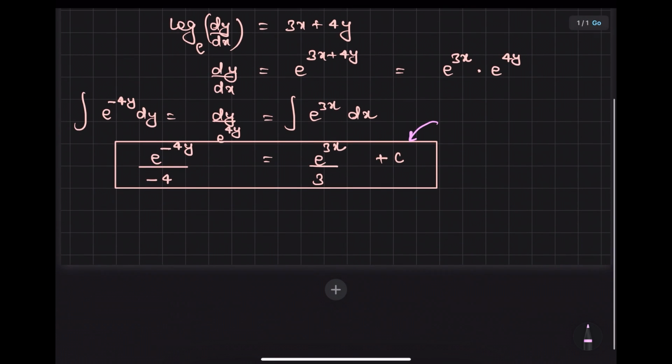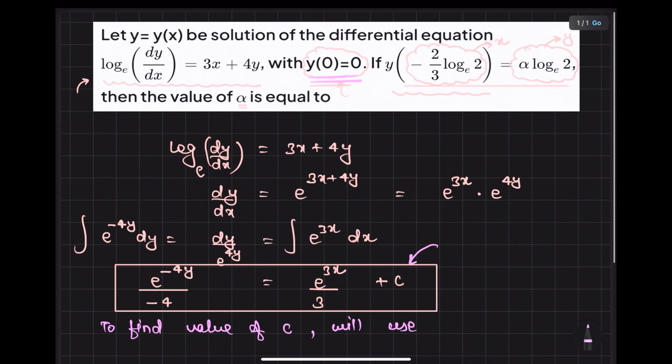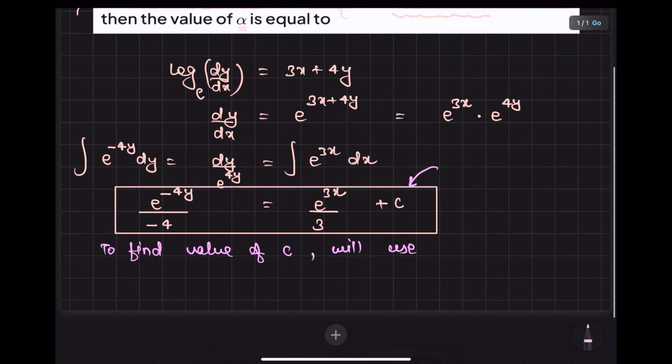Now, to find the value of c, we will use this situation, meaning 0 comma 0. As the curve satisfies 0 comma 0, it will pass through 0 comma 0.